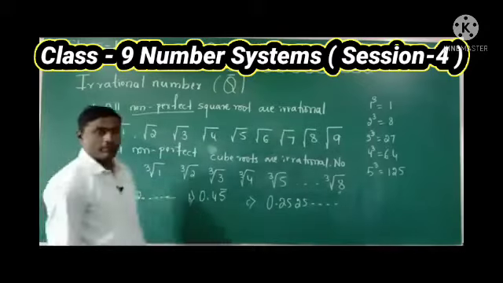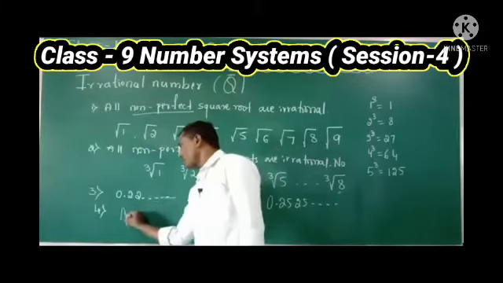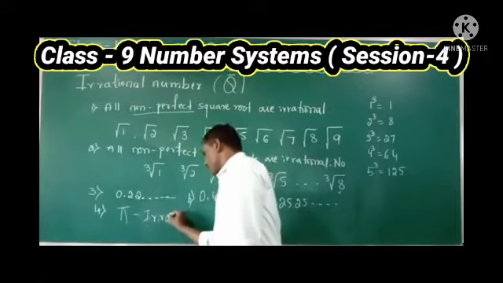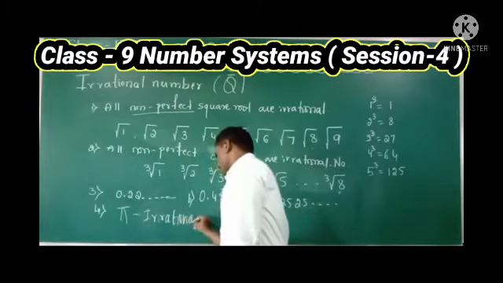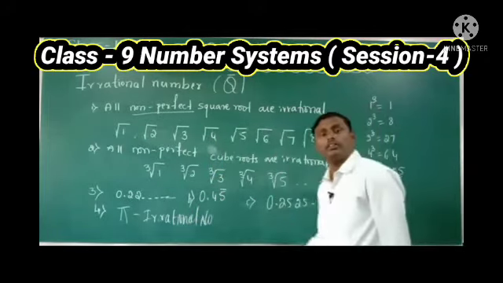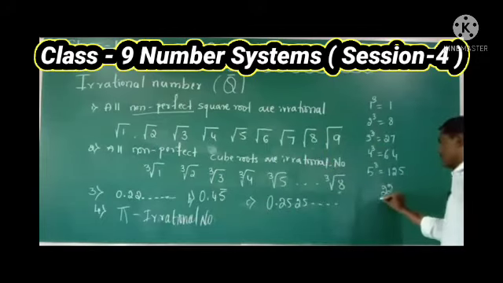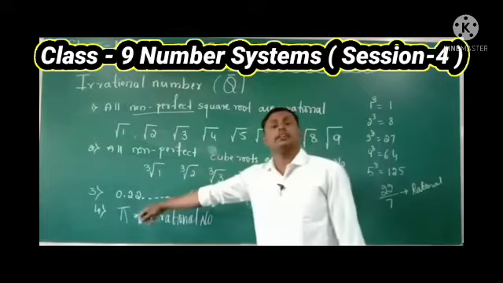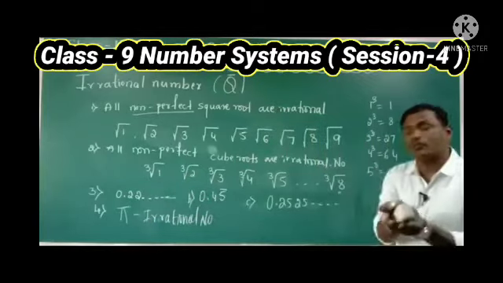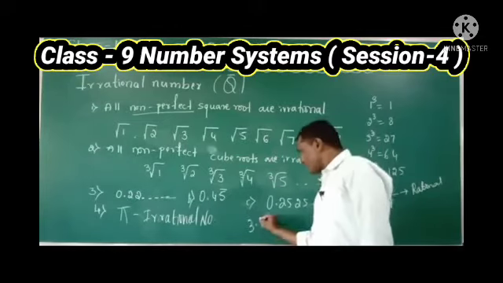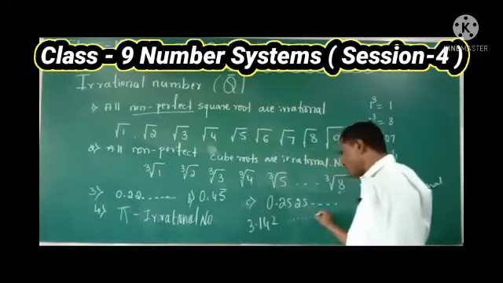And one more important one, the fourth one: pi is irrational. Pi is an irrational number. What is the value of pi? 22 by 7. 22 by 7 is a rational number, but the value of pi is an irrational number, because when we are finding the value of 22 by 7, we get 3.14 and so on.